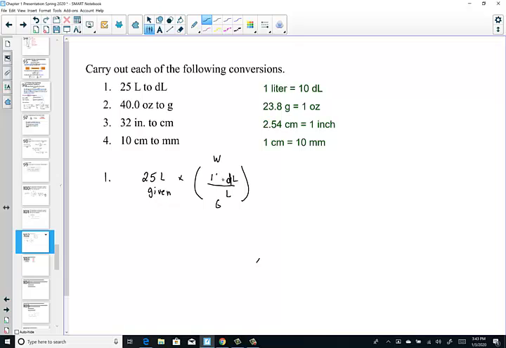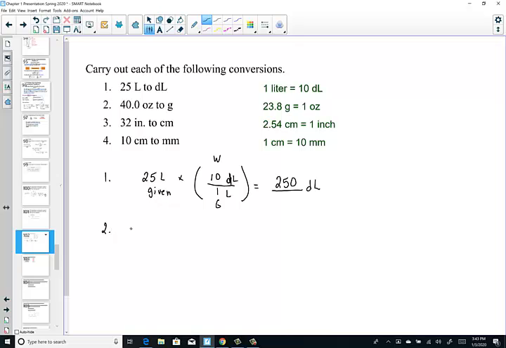Here we see that 10 deciliters is the same as saying 1 liter. Liters cancel and we come up with a number, and the number will be what we wanted, in deciliters. So how do we solve that? Remember that you're simply saying 25 times 10 divided by 1. So that gives us 250. And if I place no decimal, that is still 2 sig figs, which we are allowed to report in our answer.